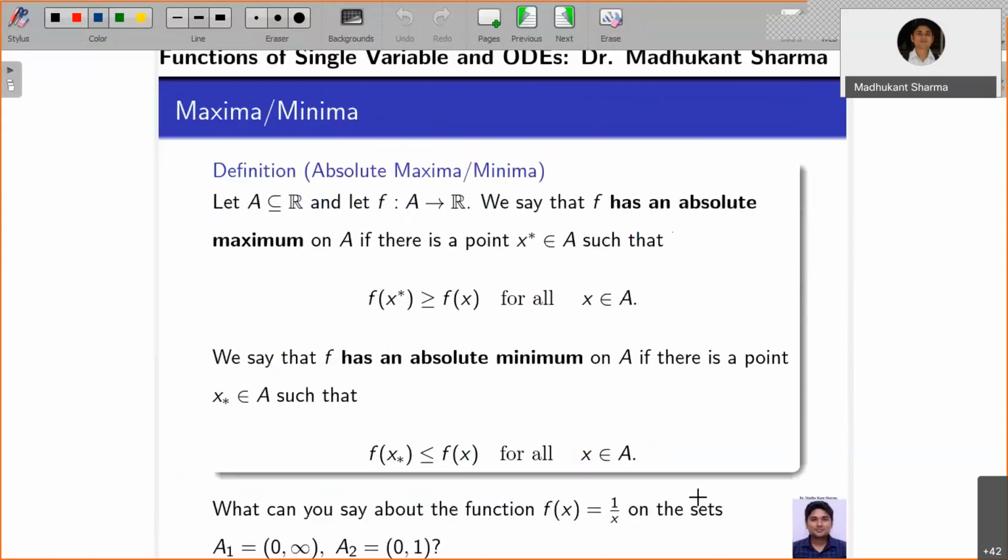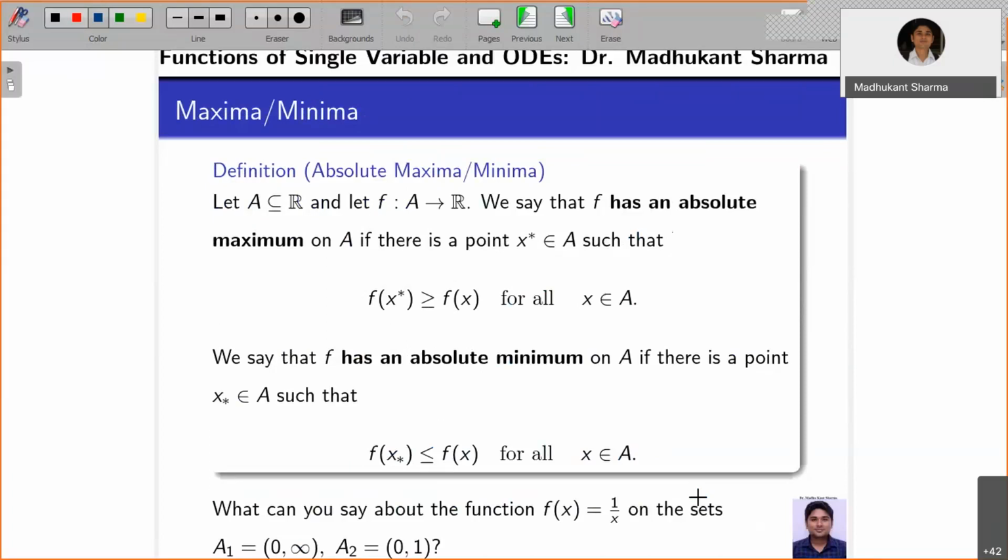Now, what is the application of differentiability? We are going to look at it now. First we are going to define the maxima and minima of a function.